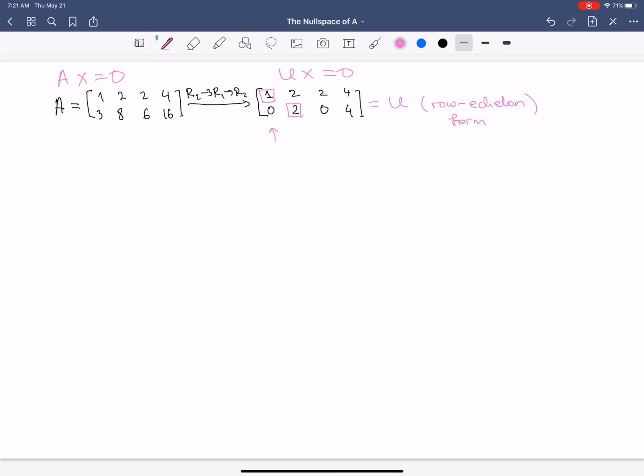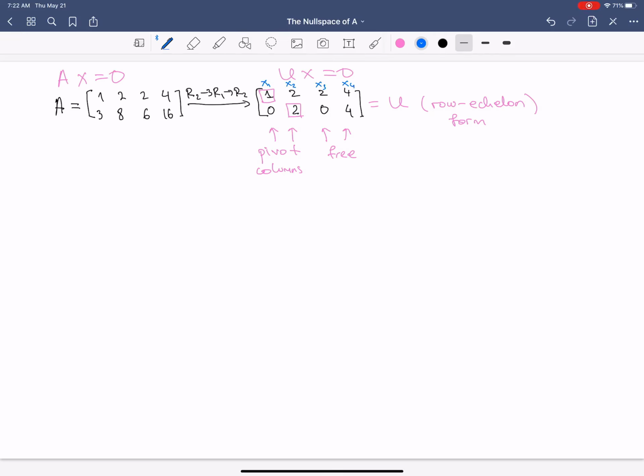Now, these two columns are the pivot columns, whereas these two columns are free. The variables associated with them are x1, x2, x3, x4.